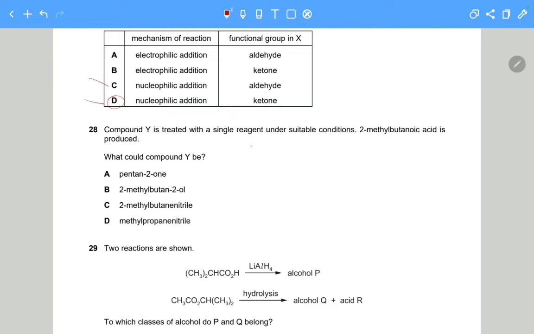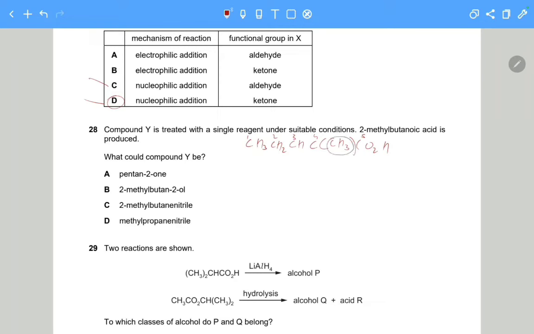Let's draw the 2-methylbutanoic acid, because let's see what our product is. So CH3, CH2, CH, CH3, CO2H. So 1, 2, 3, 4, 5 carbons in the main chain, and then we have another carbon here, which is the methyl group.